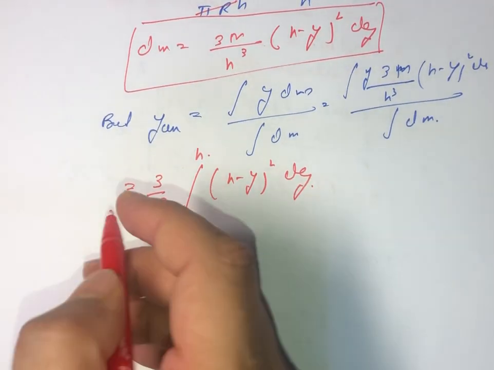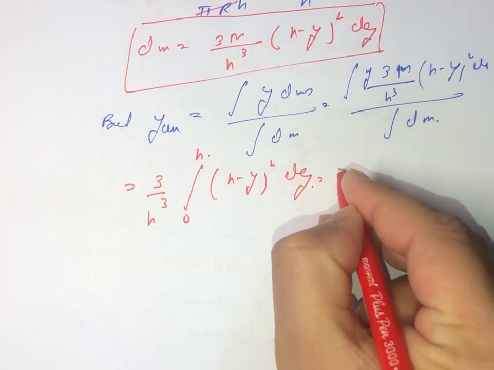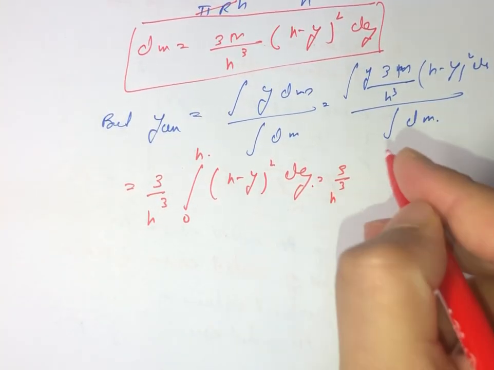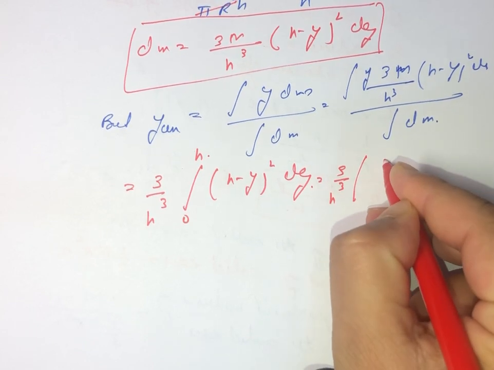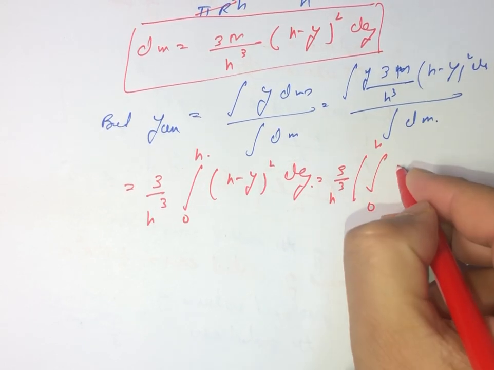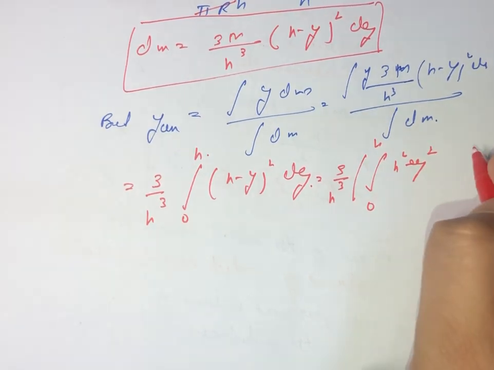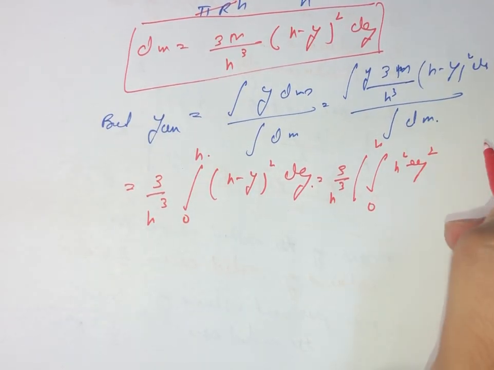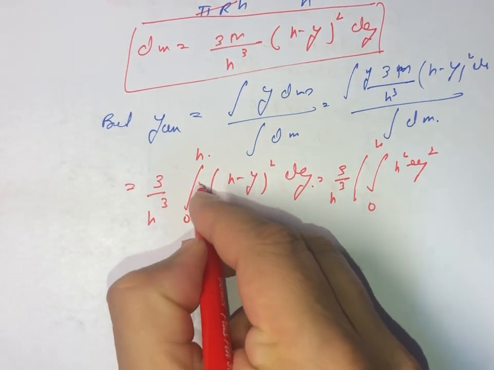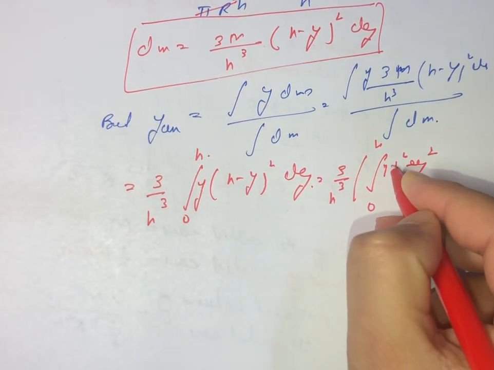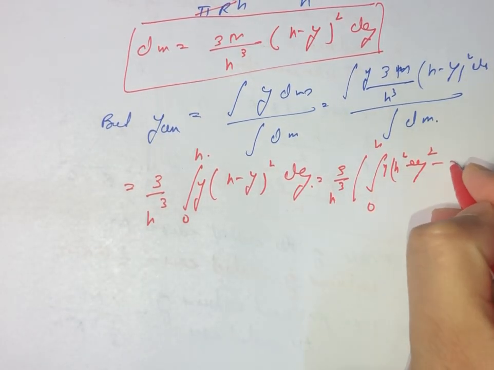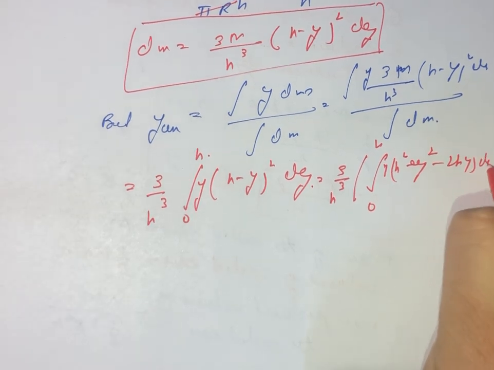Now we open it, and we get 3 upon h cube, integration 0 to h, y multiplied by h square plus y square minus 2hy, dy. Sorry, I missed y here.